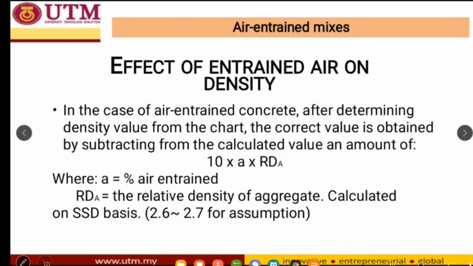The effects of the entrained air on the density also need to be taken into consideration, because the density of the concrete will be slightly decreased due to the air bubbles. So in the case of air-entrained concrete, after determining the density value from the chart, which we refer to when we are performing the basic DOE method, the correct value is obtained by subtracting the calculated value of 10 multiplied by A and multiplied by RDA.